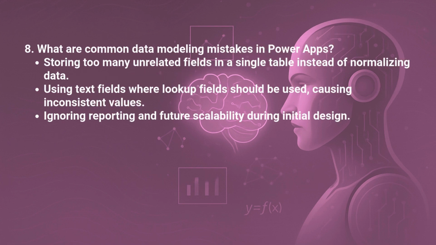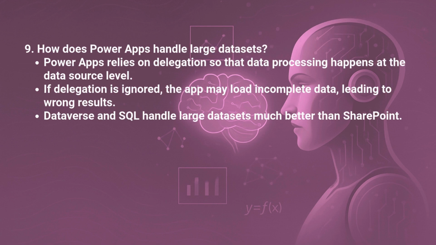8. What are common data modeling mistakes in Power Apps? Storing too many unrelated fields in a single table instead of normalizing data. Using text fields where lookup fields should be used, causing inconsistent values. Ignoring reporting and future scalability during initial design. 9.